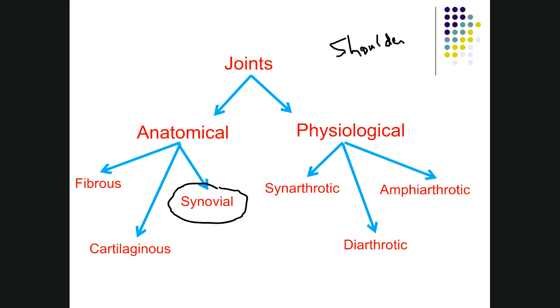Well, the shoulder is very movable, and the word for very movable is diarthrotic. So the shoulder is synovial and diarthrotic. And you can go through that with any joint in your body: the shoulder, the knee, the hip, the fingers, the sutures, the joints at your teeth. All of these can be classified both ways.